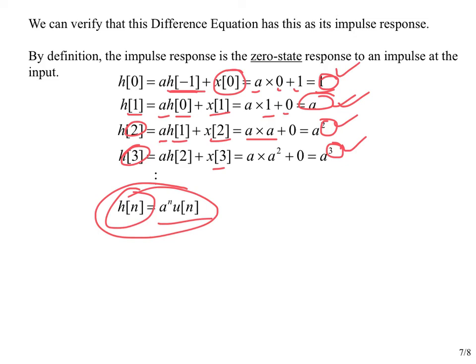And so that's how we would do that in general. And I would encourage you to try that approach for this difference equation to refresh your memory on a very simple one. In fact, I think we did that in the notes for Signals and Systems. So give that a try and see if you can verify a second way, actually a third way, that this is the impulse response of this system.